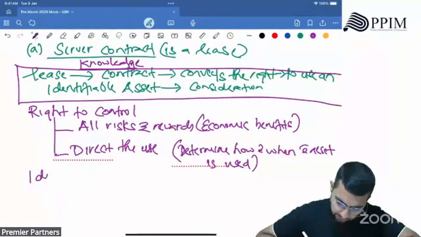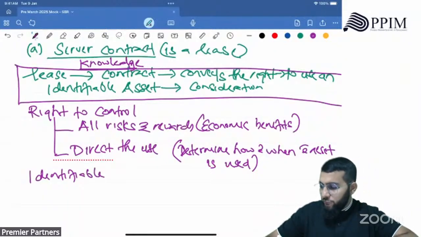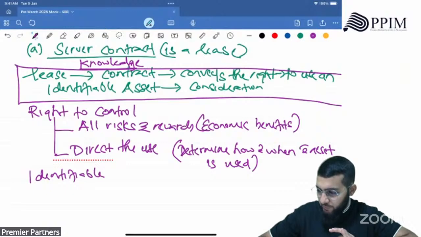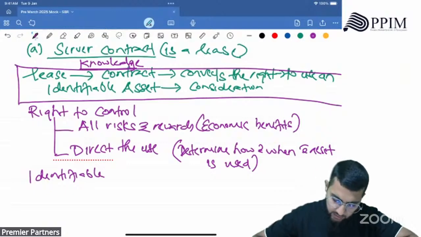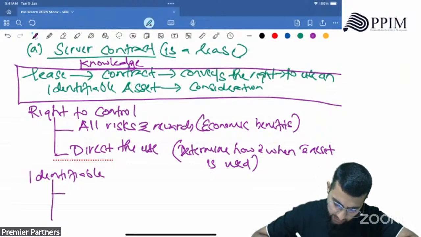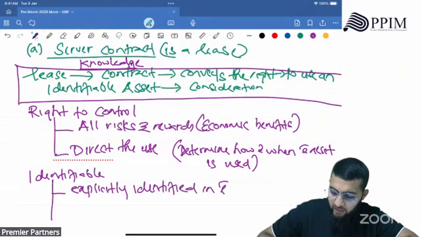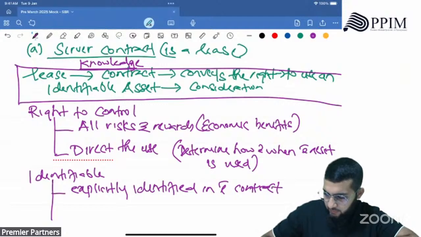Identifiable asset. If you explain through these criteria, you can prove whether it is going to be a lease or not. That's what you're supposed to explain, right? So identifiable: explicitly identified in the contract, right?